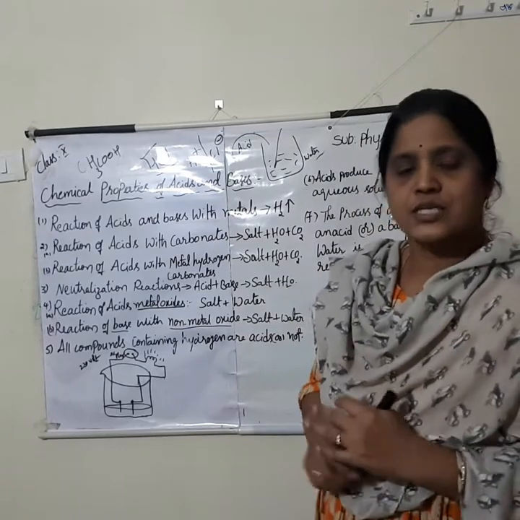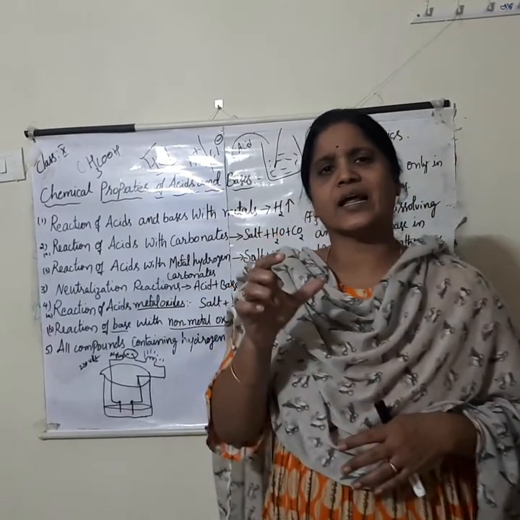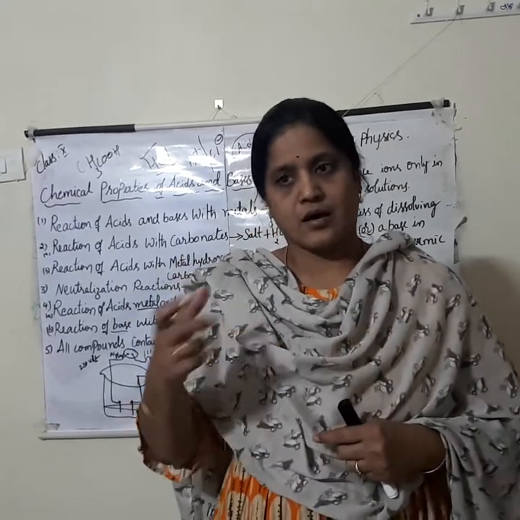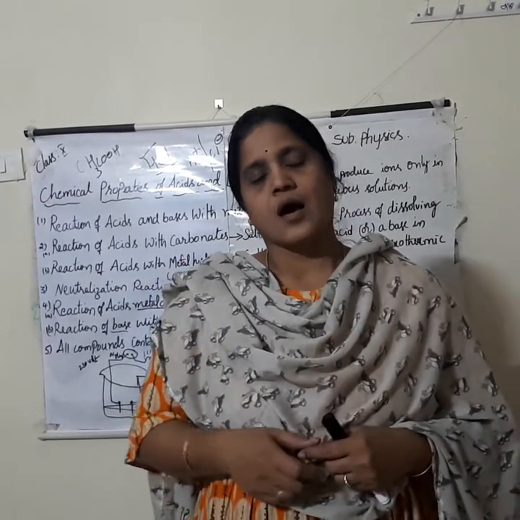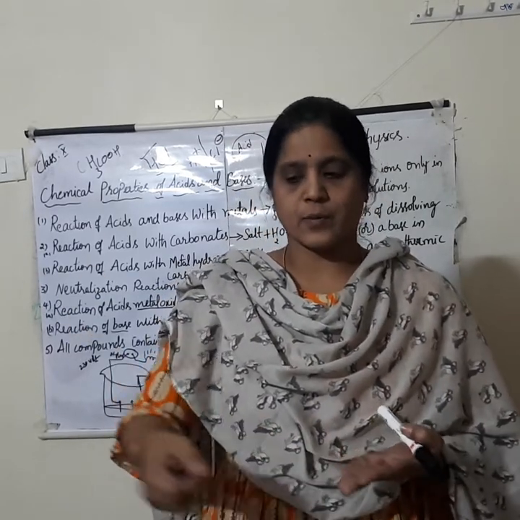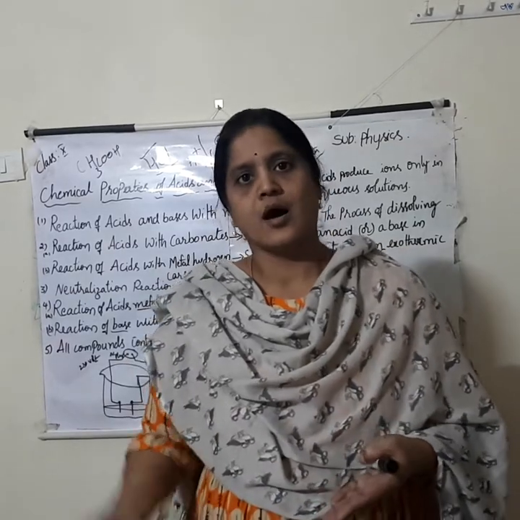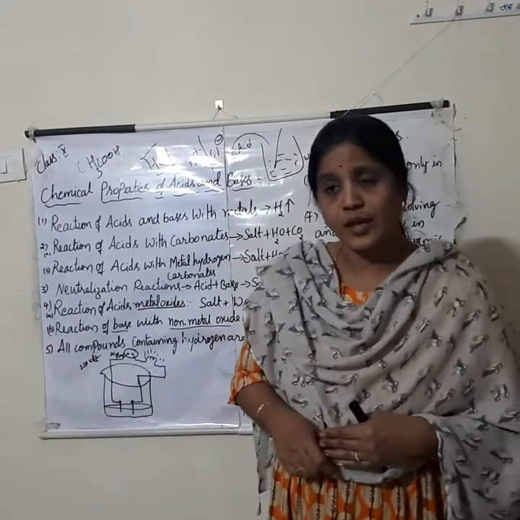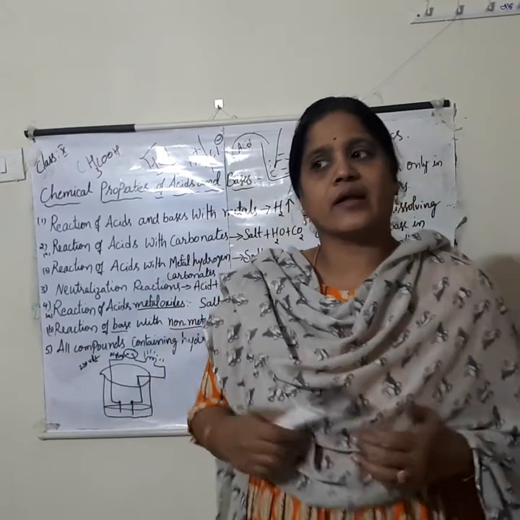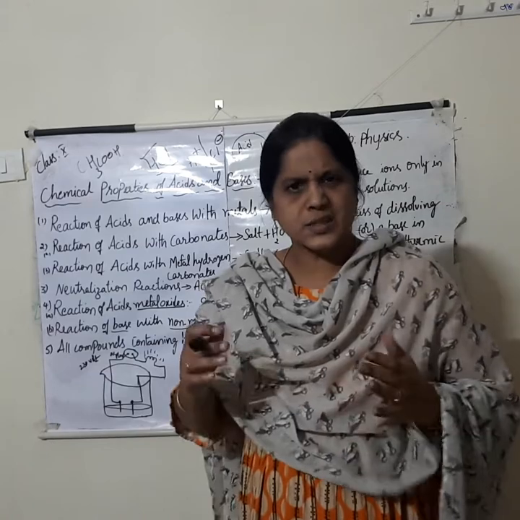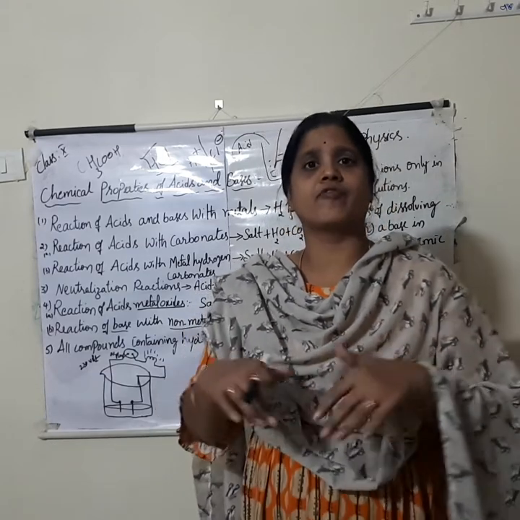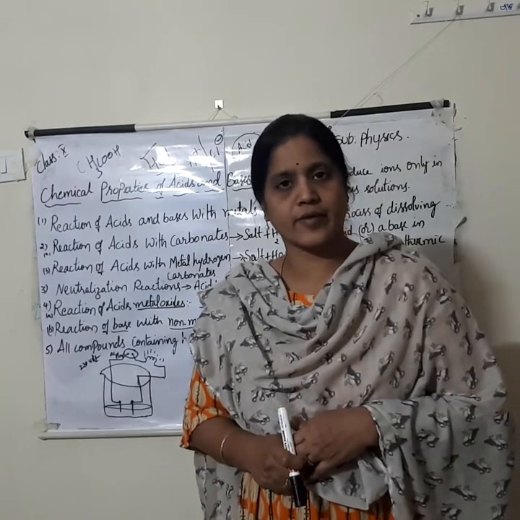This universal indicator is available either in paper form, like litmus papers, or otherwise in solution form. By using the paper, you can dip it into different solutions and find out, or otherwise use the solution. First, what is a universal indicator? The universal indicator is a mixture of several indicators.